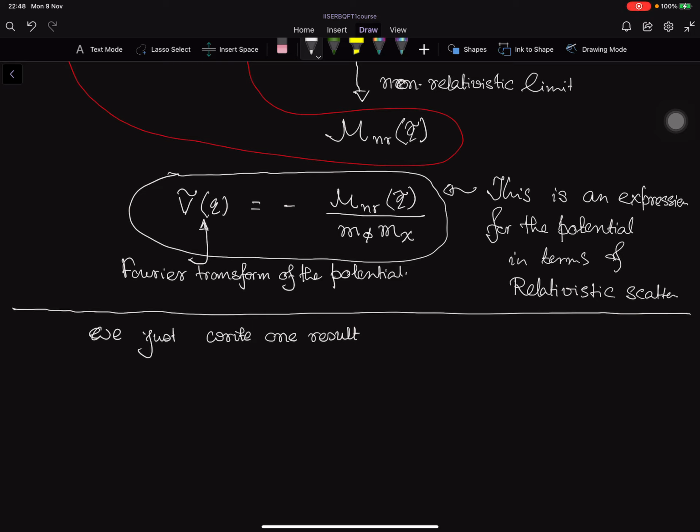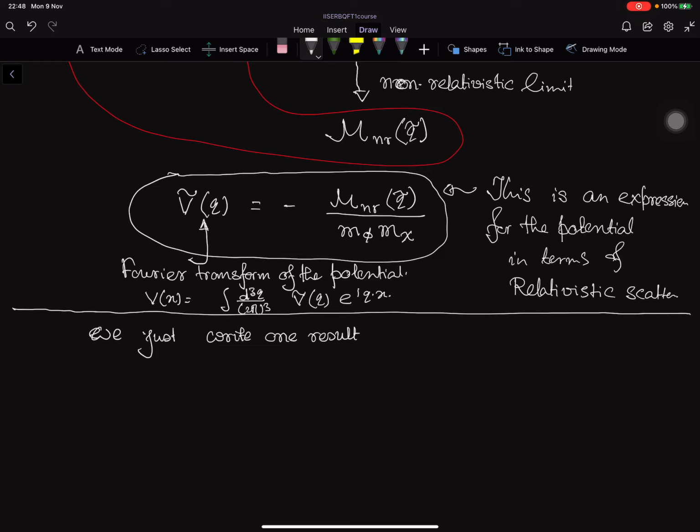So in order to do that, we actually have to Fourier transform. Then V of x will be obtained by the integral d^3q over (2 pi)^3 of V tilde of q times exponential i q dot x.